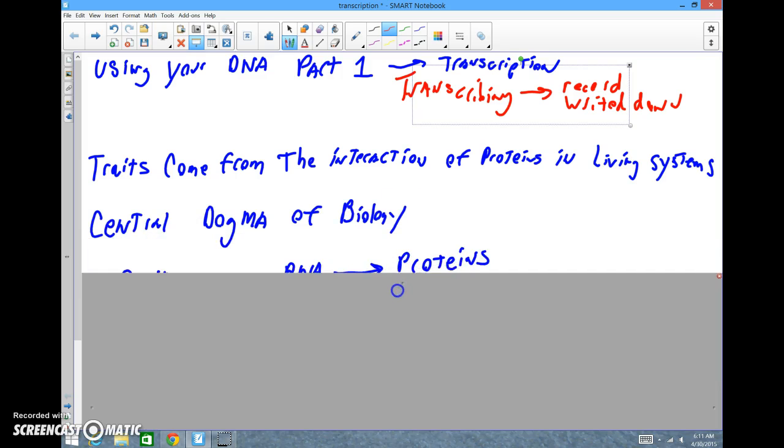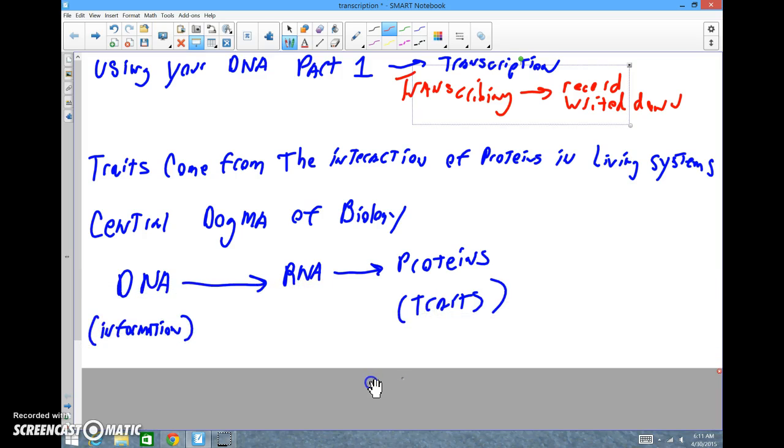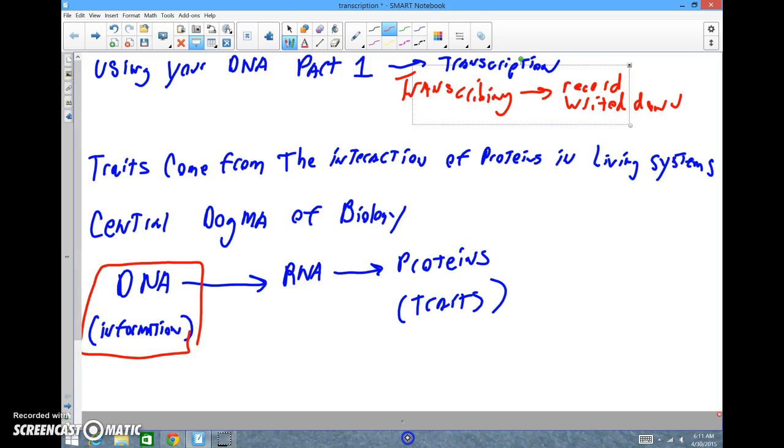So what that does is that creates what we call the central dogma of biology, which is this idea that your DNA holds the information, all right? So what that means is that the information that will give you your traits is found inside your DNA.